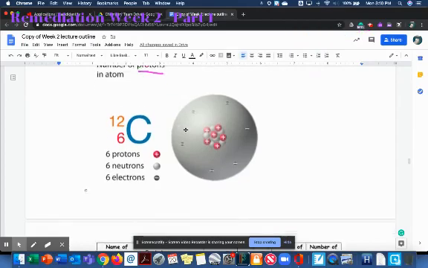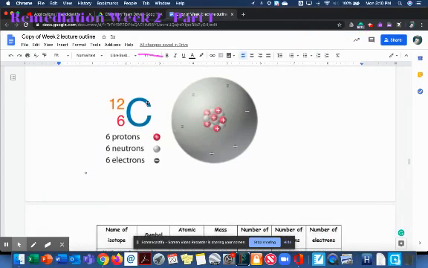And so if we take a look at a typical example, this is a specific type of carbon atom. We look on our periodic table so that we can figure out what the element is. We look and see, all right, this bottom number, remember, is the atomic number, which is 6. That gives us the number of protons.